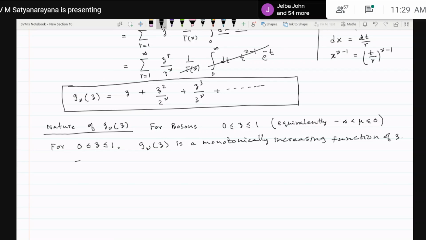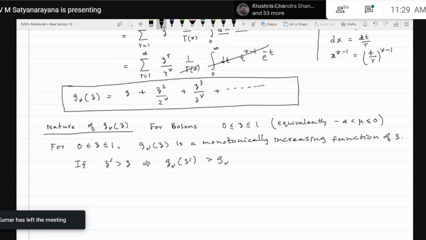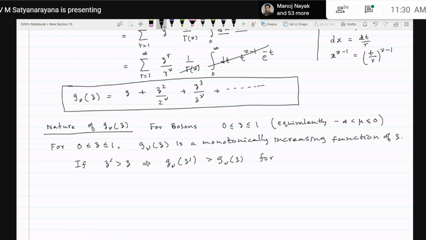That means if you have some z prime greater than z, that implies g nu of z prime is greater than g nu of z. And this is true for whatever your nu is. Now this is an important property of g nu of z, which you can notice.